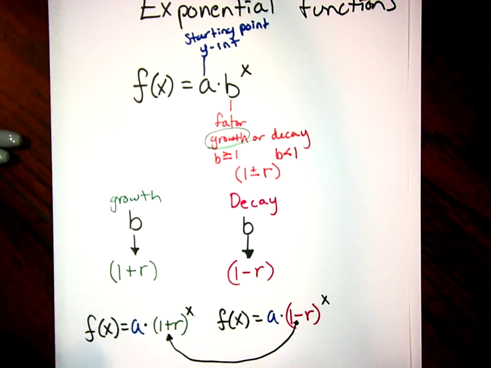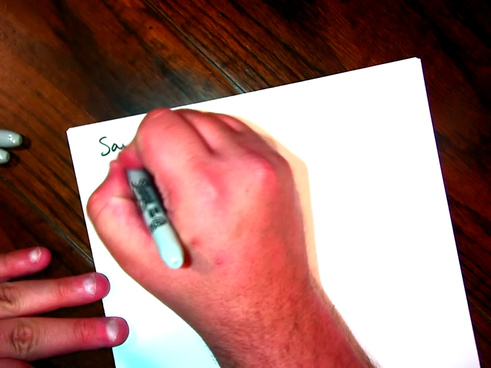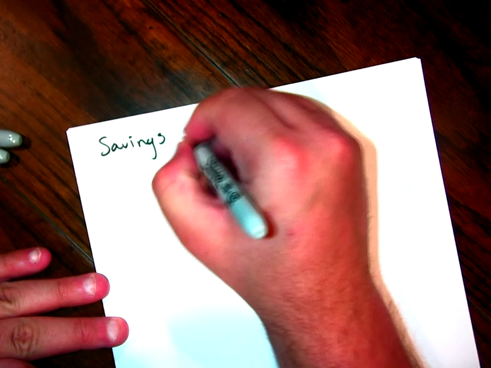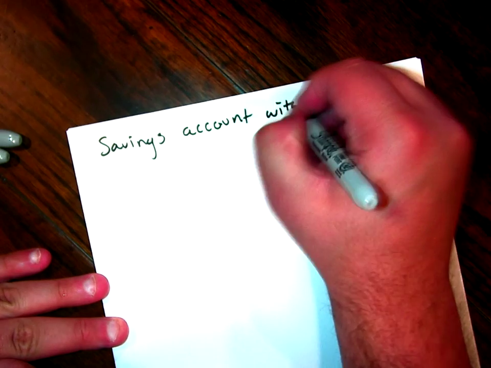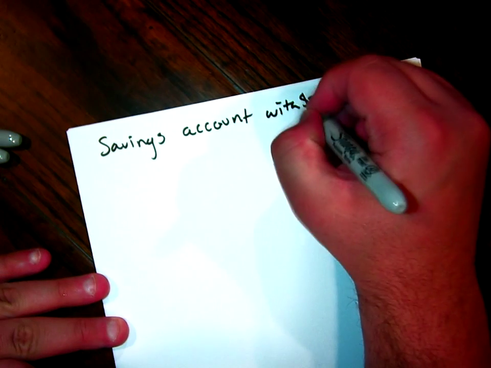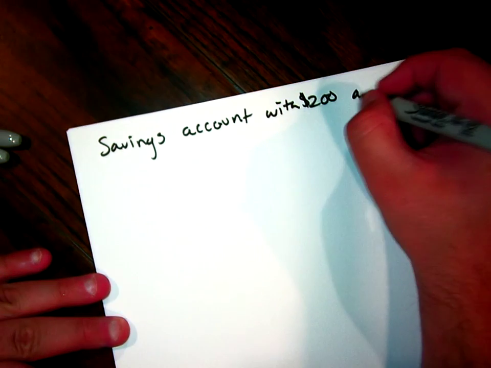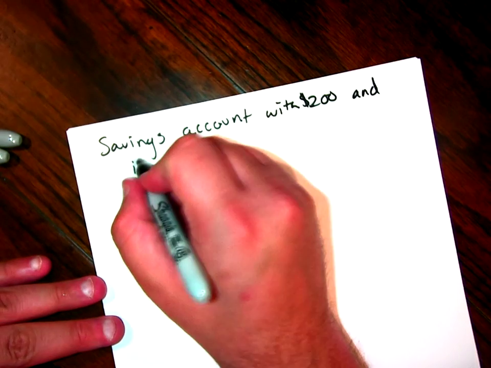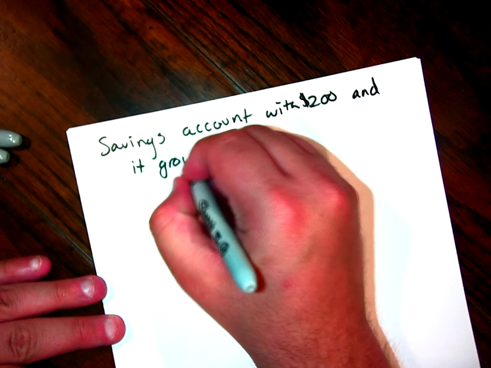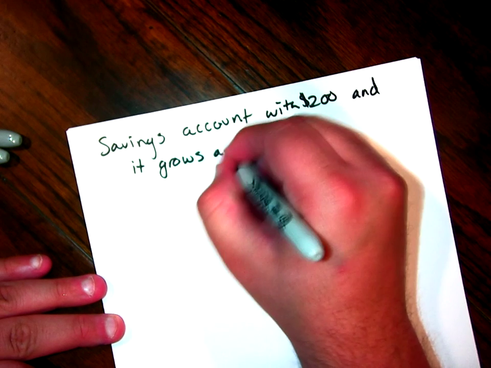What that comes down to is, if we go back to our very first example, where we're starting a savings account with $200, and it gets interest at a rate of 4%.